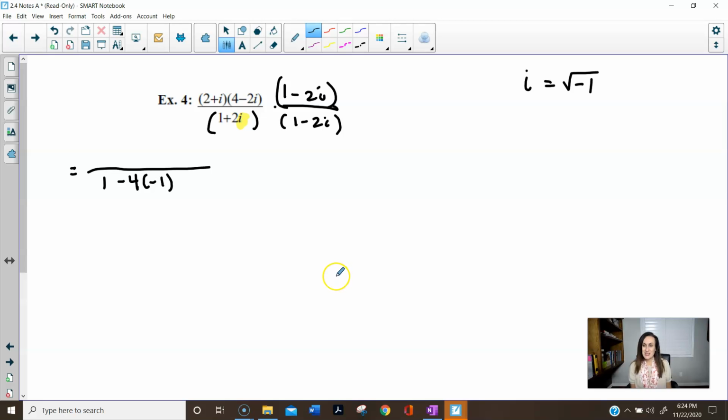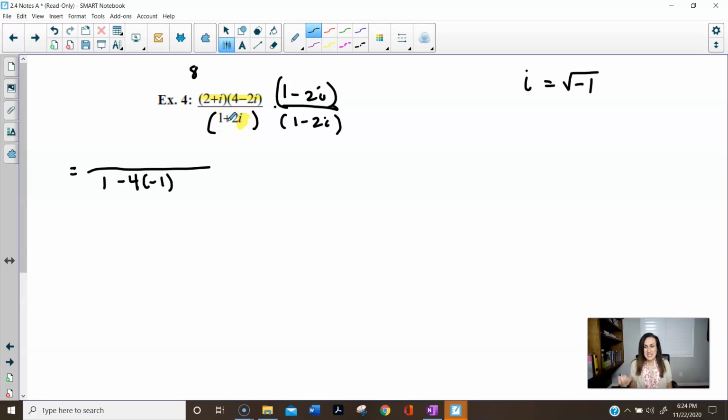So you could stop the video, multiply it out, and then check your answer. I'm going to start with just multiplying these first two binomials. Starting with multiplying those, we've got 2 times 4 is 8. So I'm going to write 8 up here. And then outside is -4i, and then plus 4i.